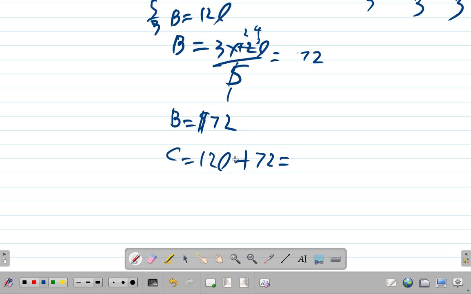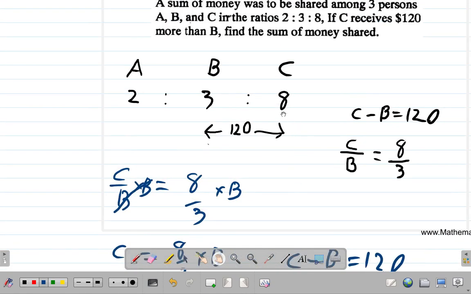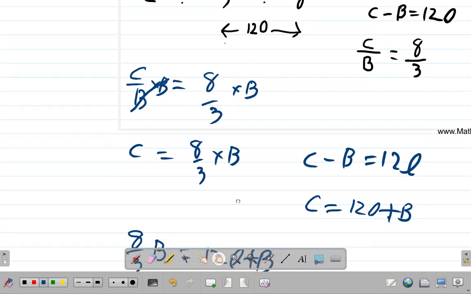What's 120 plus 72? It's $192, right? $192. So here now, we're going to find out what A's money is.